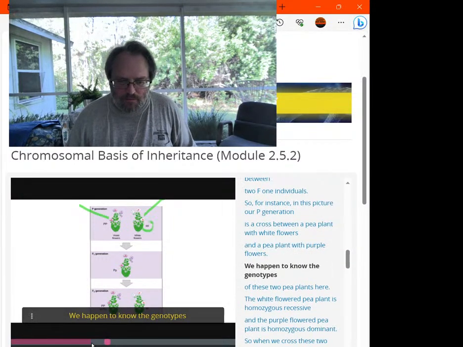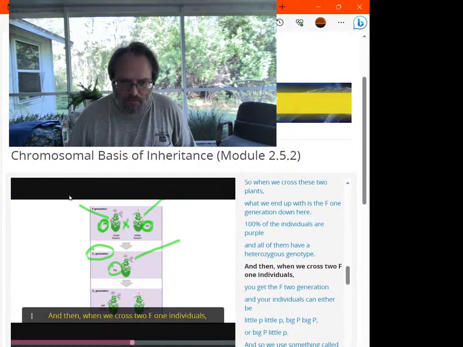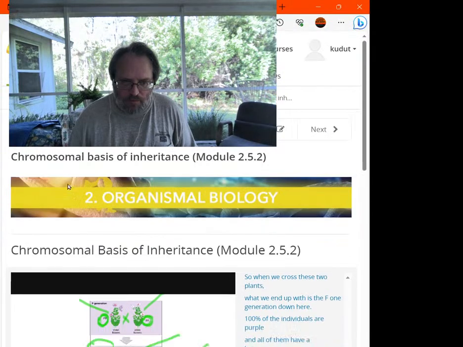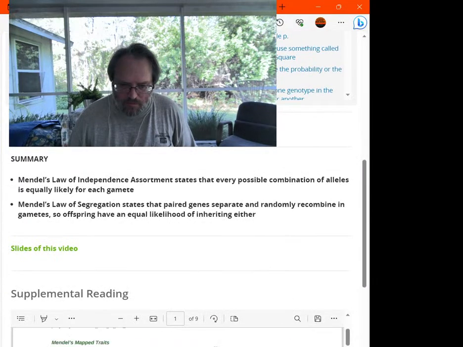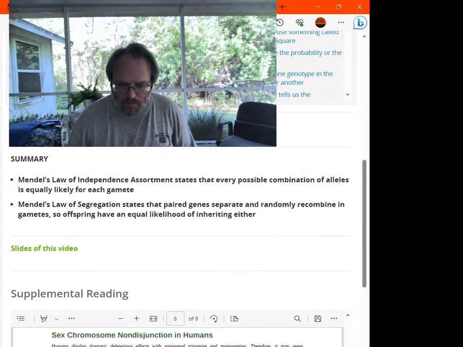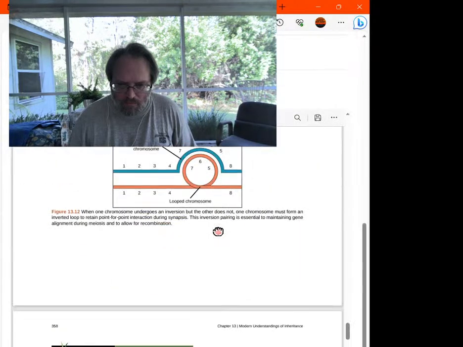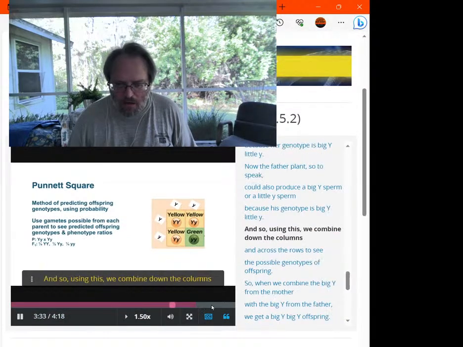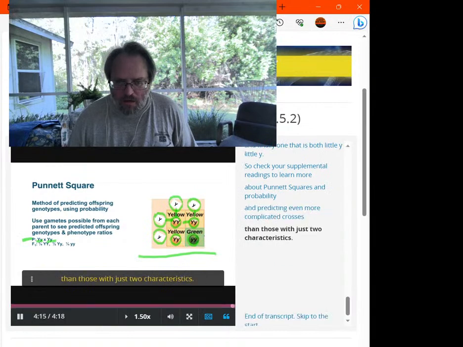We happen to know the genotypes. When we cross two F1 individuals, you get the F2 generation, and your individuals can be little p little p, big P little p, or big P big P. And so we use something called a Punnett square to estimate the probability or the likelihood, using this, big Y, little y, and then those with just two characteristics.